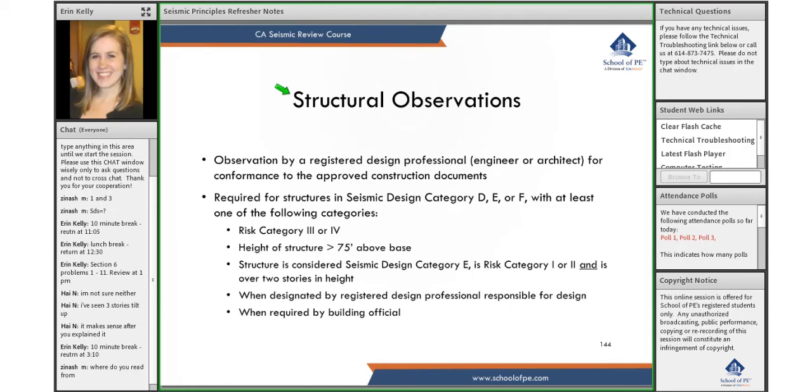So some of the buildings that I used to design were risk category 2. They were only 40 stories. They were 40 feet tall.